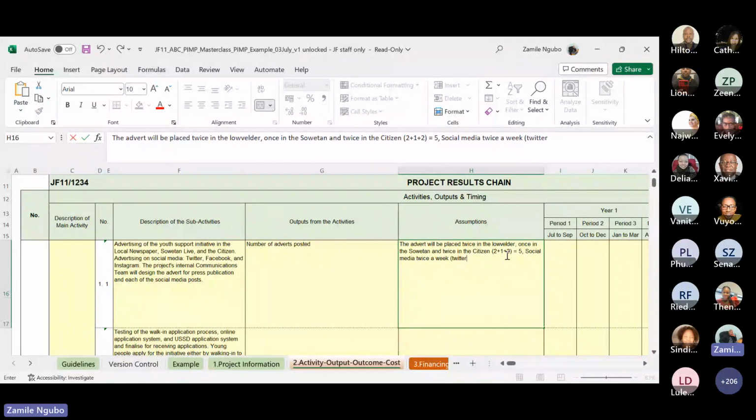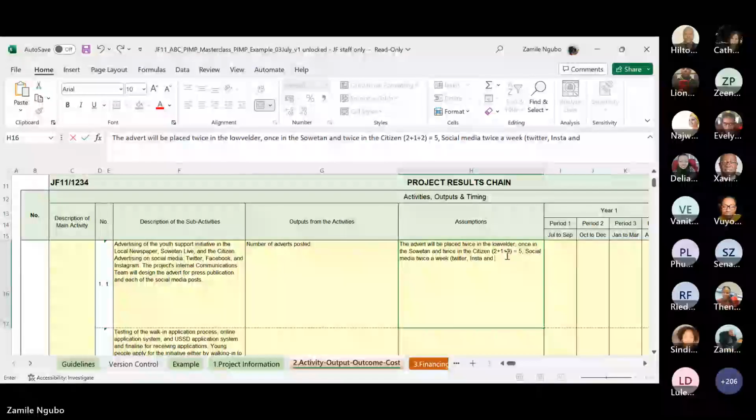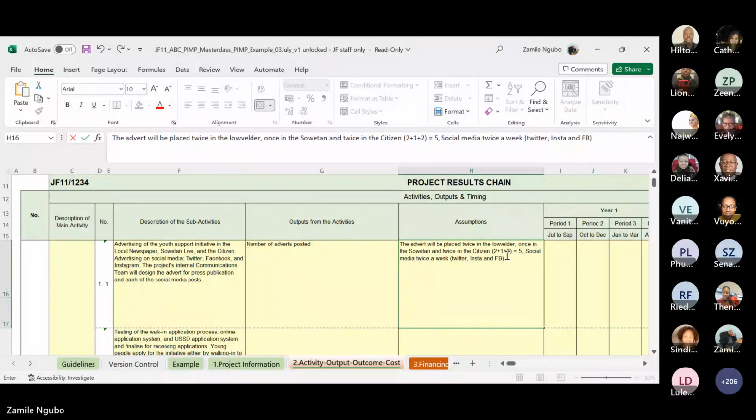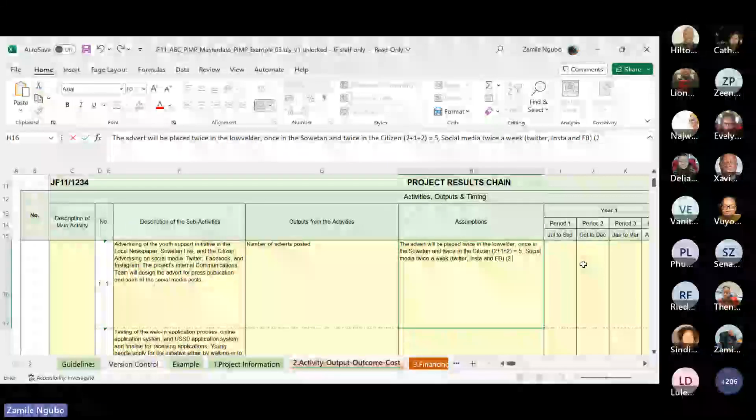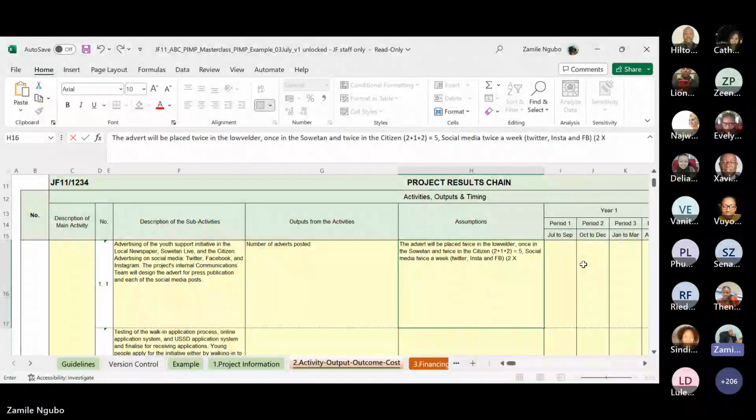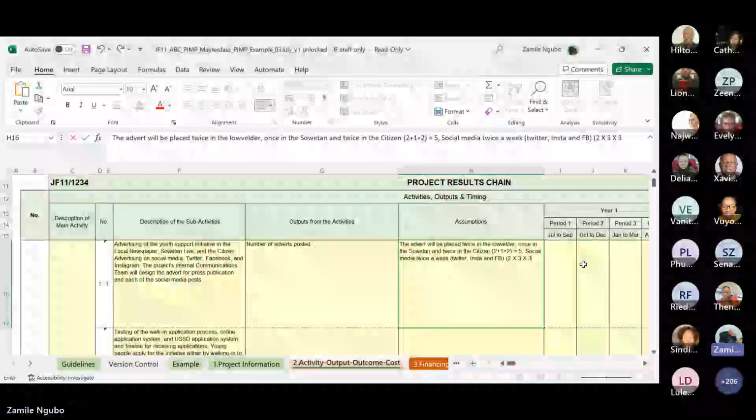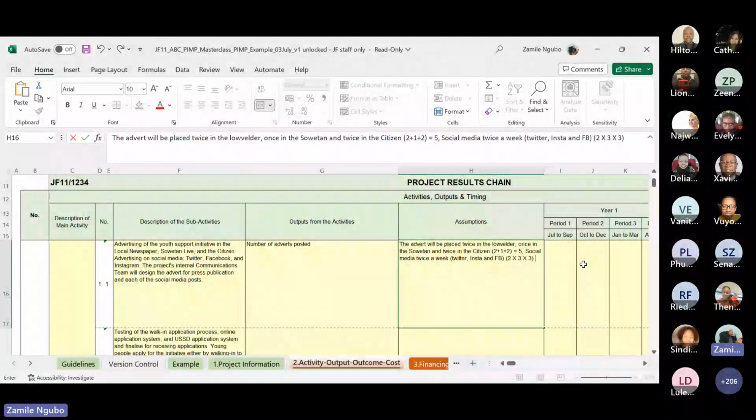So now this gives us 2 times 3 times 3, which gives us 18. So these are the assumptions that we are formulating to achieve the output.